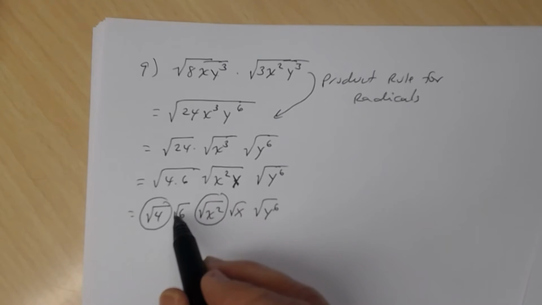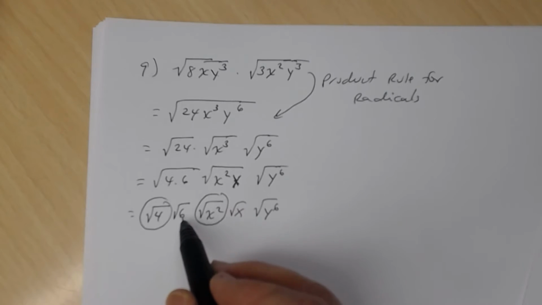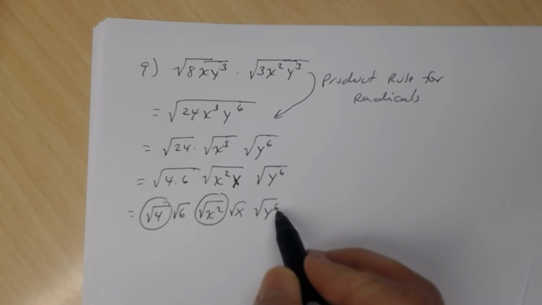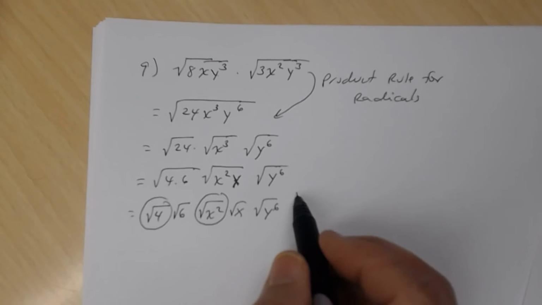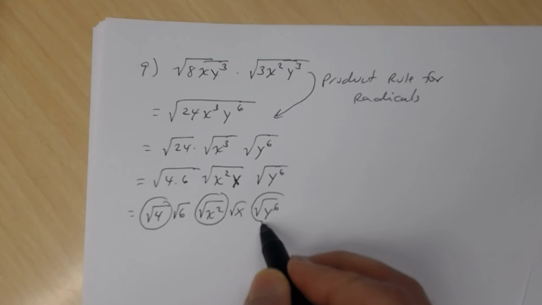I cannot simplify the square root of 6 because the only perfect square that goes into 6 is 1. And so that's as simple as square root of 6 can get. Over here, since it's even and bigger than the index 2, I can simplify that.